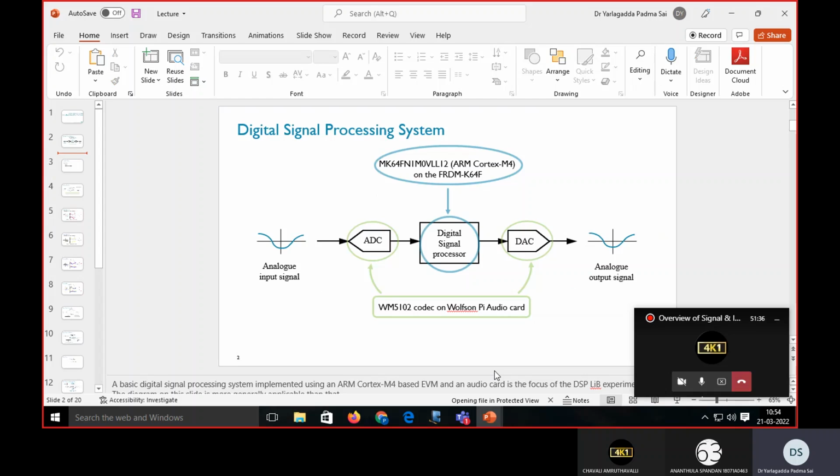Coming to your DSP system: when it is an analog system, you have one block diagram, applying analog input and getting analog output, with your system processing in between. But in the digital case, one more important point I forgot to mention: the sampling theorem is applicable only for band limited signals. What is meant by band limited signal?